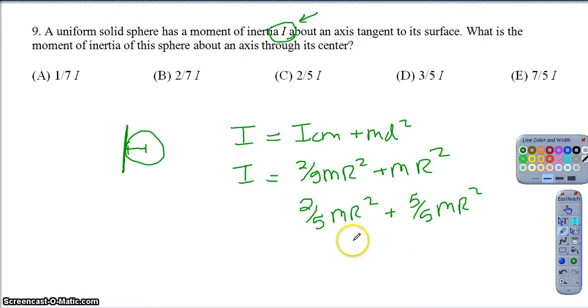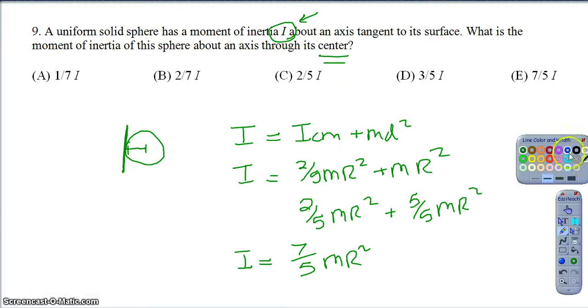The reason I'm considering this is, what does the total end up being? Well, they've defined I as 7/5 mr squared. Mathematically, I'm just adding those two up. So they've defined this arbitrary measurement of I as 7/5 mr squared. So how much of that does the moment of inertia about the center account for?